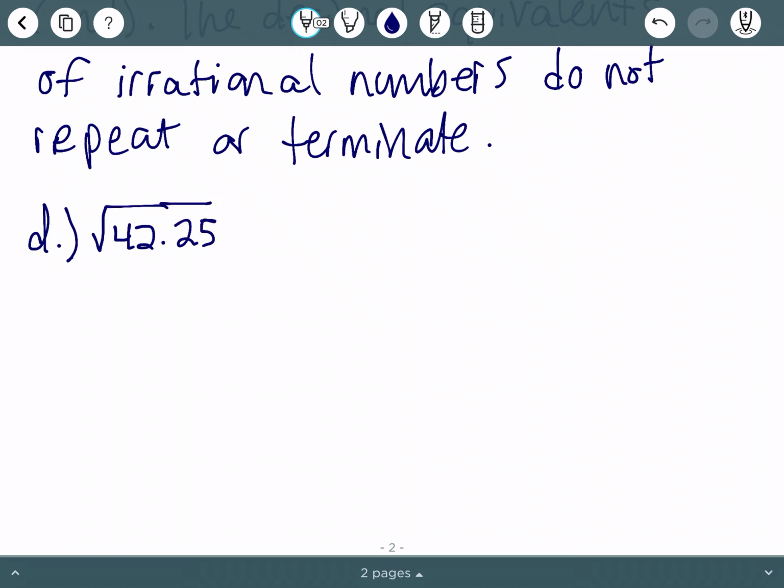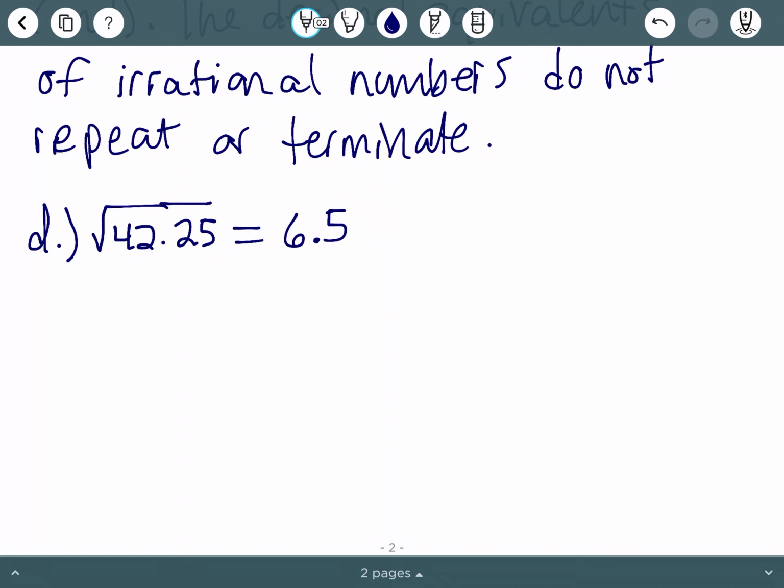And if you put that into your calculator, you'll see that the decimal equivalent is 6.5. So I noticed that it ends after the 5. There's no more digits that come after the 5.